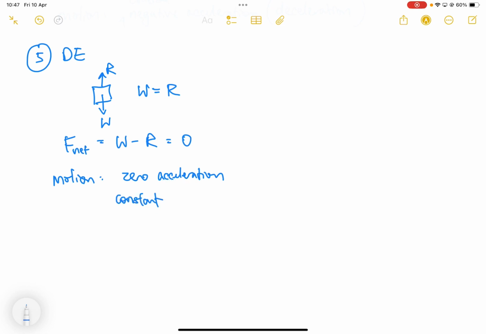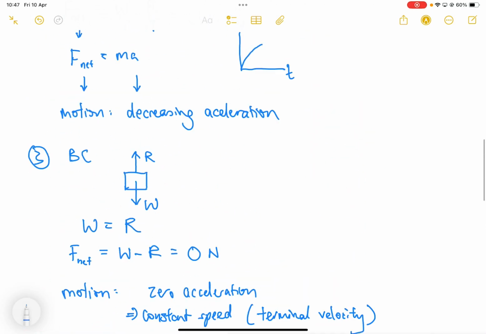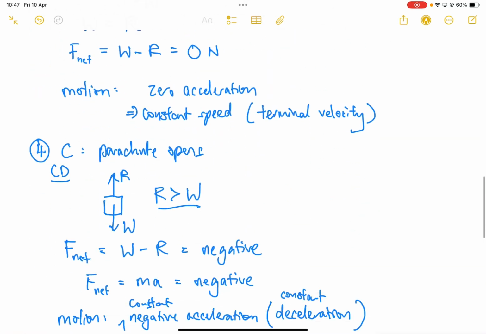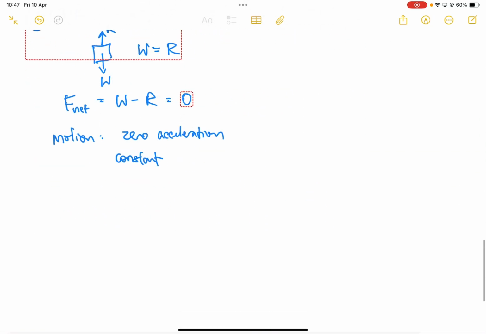I'm using the word speed throughout this question because the graph given is a speed time graph. If it's a velocity time graph, I will use the word velocity. Okay? All right? So it's going to be 0 acceleration, constant speed, but at a lower constant speed than earlier. Okay, it's going to be much lower.